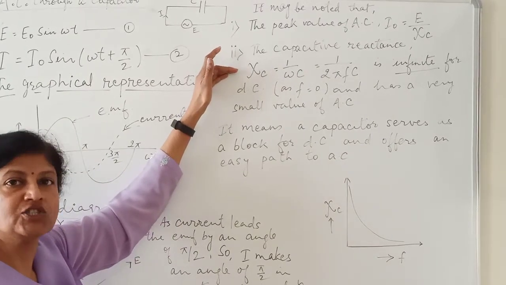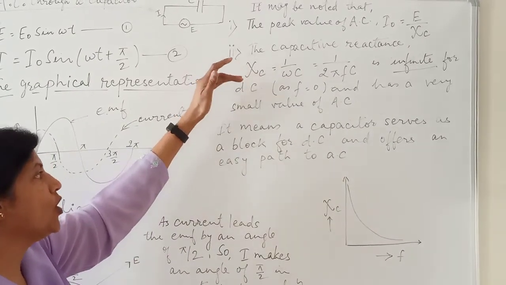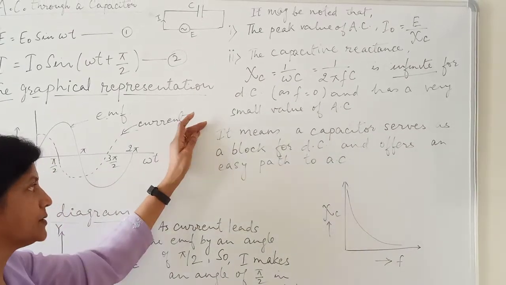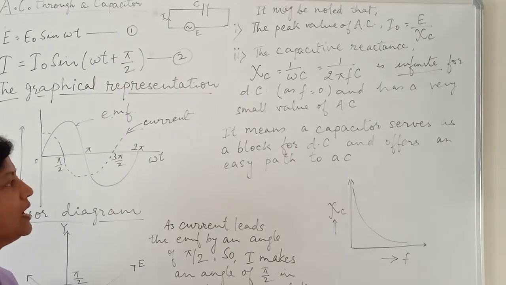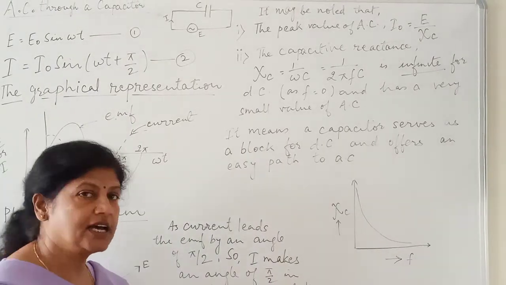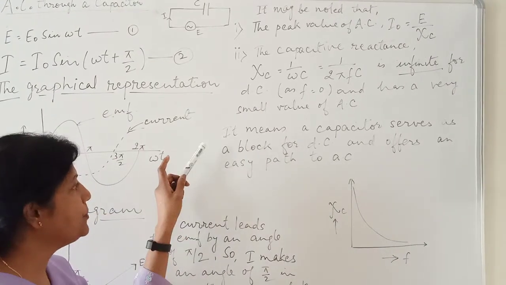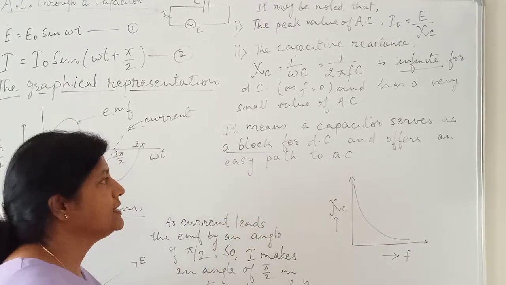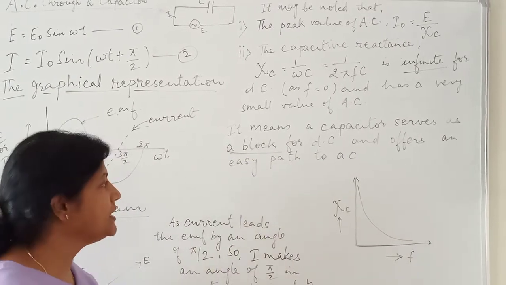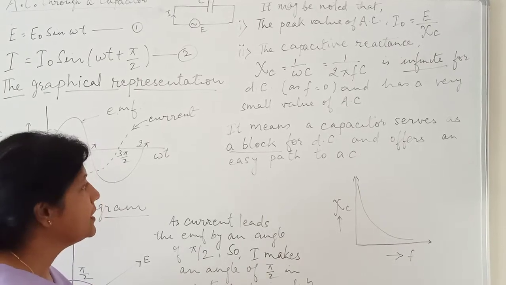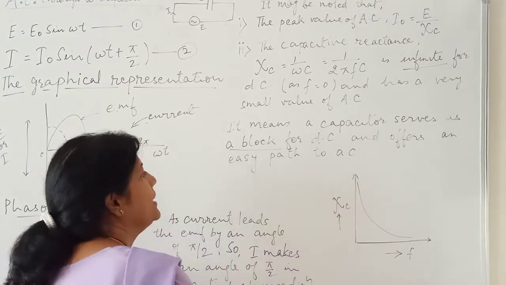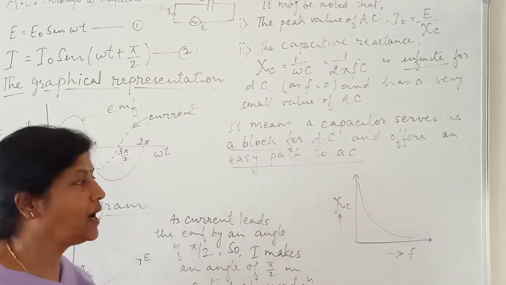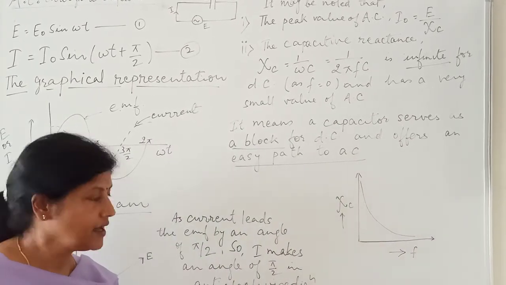It means a capacitor serves as a block for DC and offers an easy path to AC.